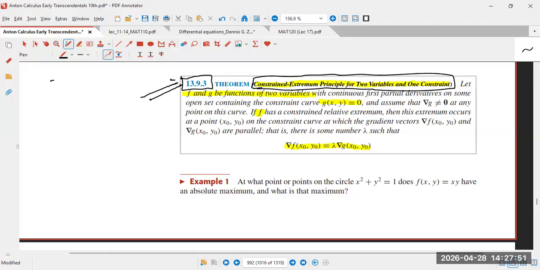So এটাকে আমরা আসলে Lagrange multiplier theorem বলবো 13.9.3 কে। তাহলে এই থিওরামটা আমাদেরকে বলে যদি f ফাংশনকে আমরা ম্যাক্সিমাইজ করতে চাই আন্ডার দ্য কনস্ট্রেন্ট g, দেন যদি সেই ম্যাক্সিমাম পয়েন্টটা x0, y0 হয়, that is gradient of f at that point equal to lambda times gradient of g at the same point.